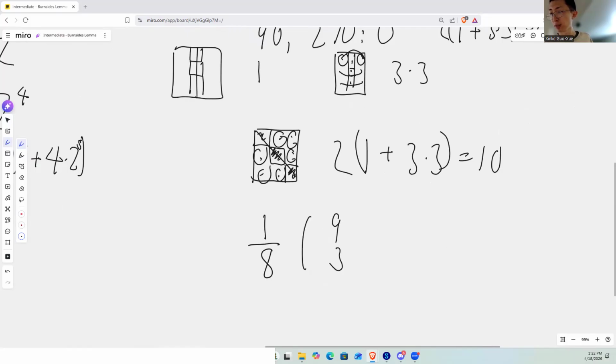9 choose 3 plus 0. Oh, yeah, we need to account for the 180-degree rotations. So the middle square has to be black, and then this square gets sent to this square.